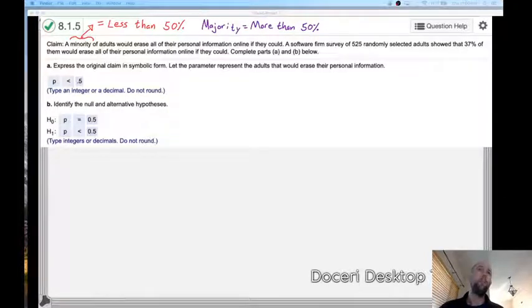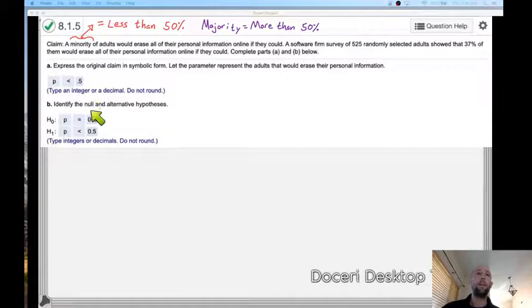Since the claim does not include equality, but includes inequality, it's either saying less than or greater than. In this case, minority is referring to less than 50%. Our claim is going to be represented as p is less than 0.5, and since this claim does not include an equal sign, it has an inequality, it's going to become the alternate hypothesis in this problem.